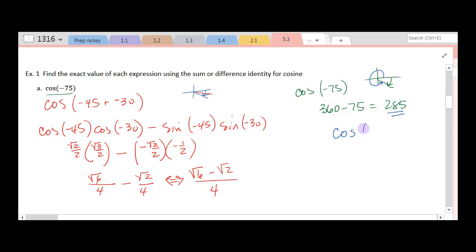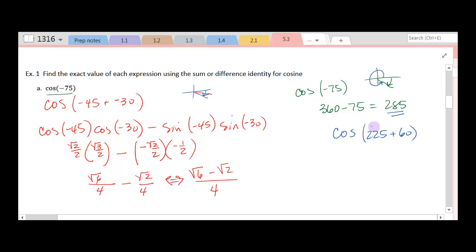Those could be 225 plus 60. I know how to find the cosine of 225, and I know how to find the cosine of 60. Those two values add up to 285, which is the same angle as negative 75.